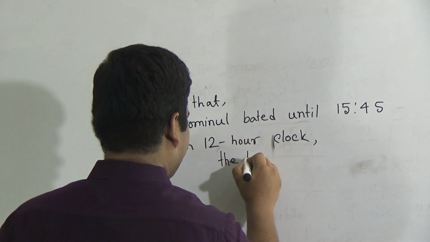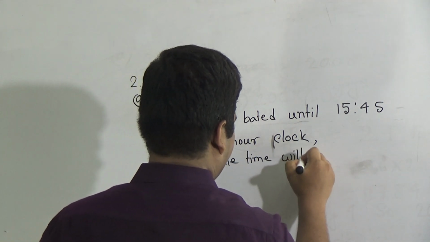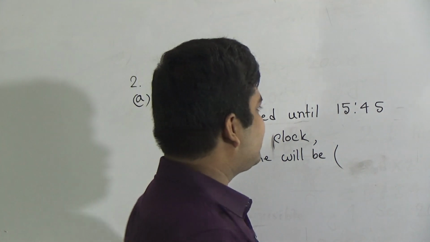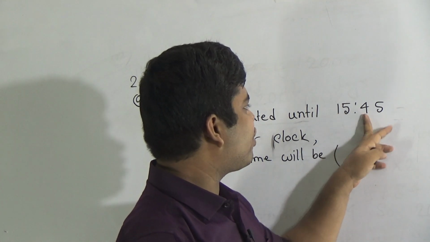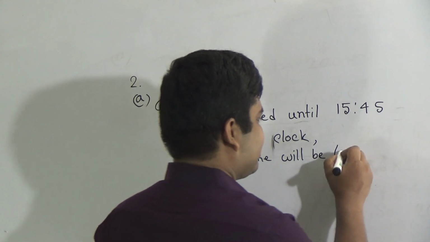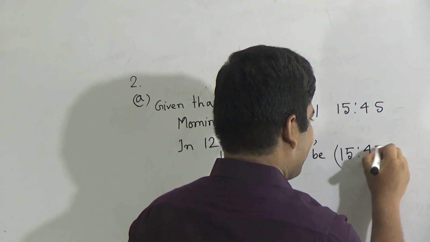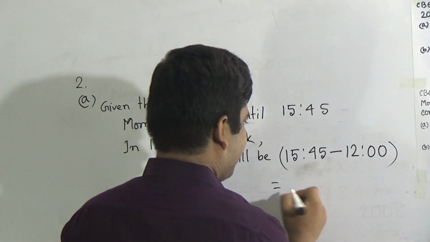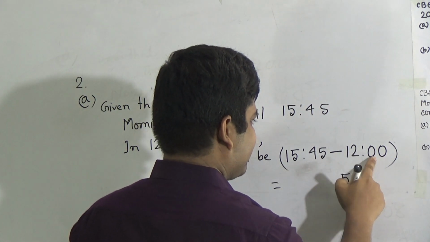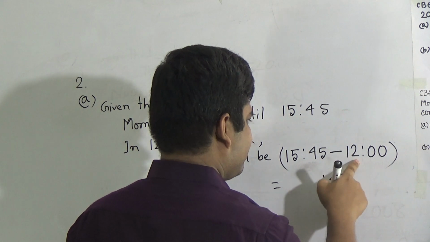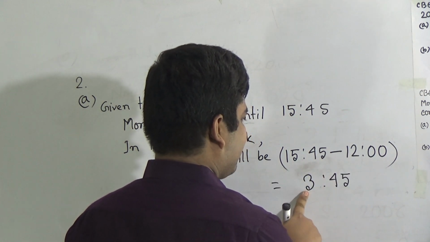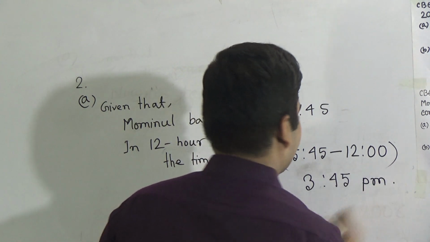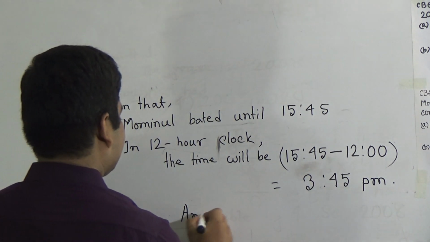The time will be, we just subtract 12:00 from 15:45 and we get the answer. That means 15:45 minus 12:00. Okay, now 5 minus 0 is 5, 4 minus 0 is 4, then 15 minus 12 is 3. So 3:45, that means 3:45 p.m. Okay, this is the answer.